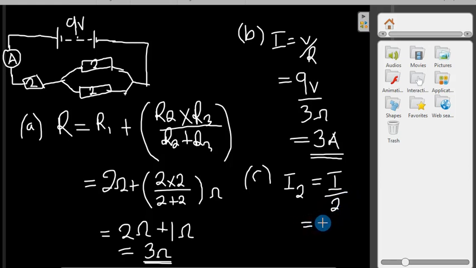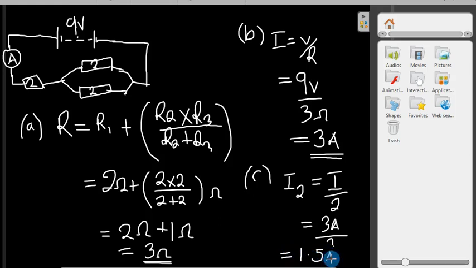So this gives us 3 amps, the total current, divided by 2, and our answer is going to be 1.5 amps. So that's the answer for that part, 1.5. Let me write it properly so that you can see clearly that it is 1.5.